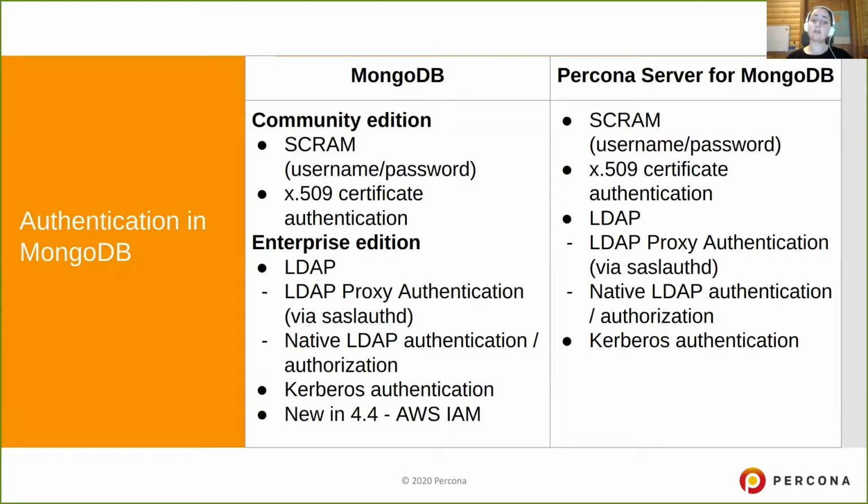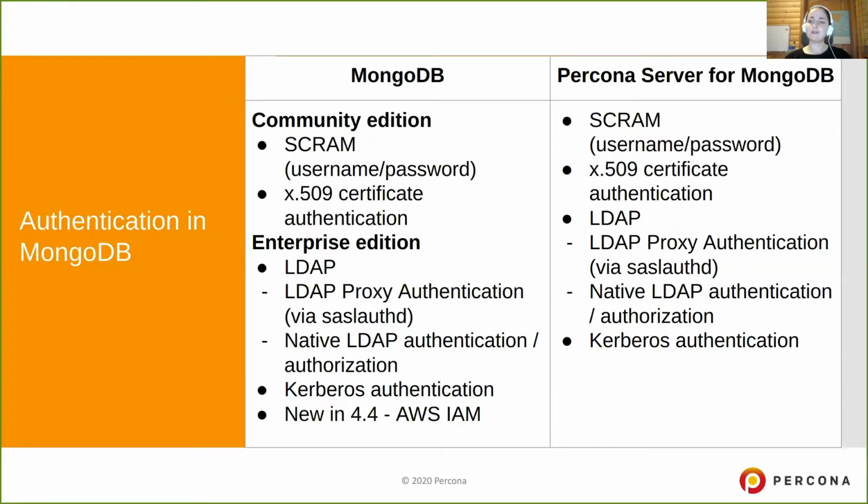If we talk about Enterprise Edition and Percona Server for MongoDB, there are also LDAP authentication, Kerberos, and new in 4.4, AWS IAM. It's not supported by Percona Server for MongoDB yet, but we already have it in our roadmap.